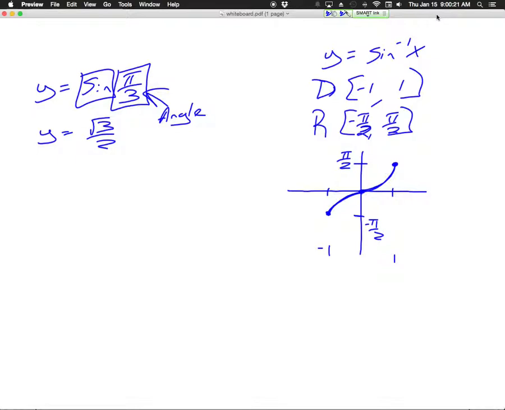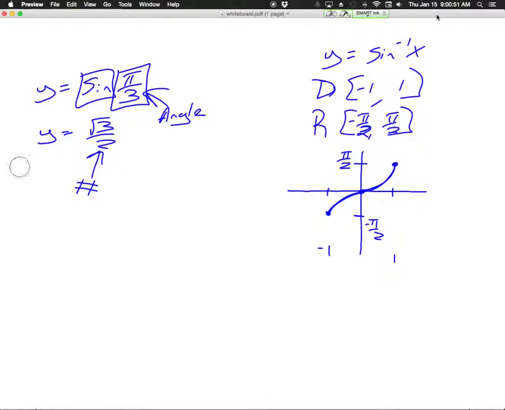Okay, so if I'm dealing with a regular trig function, we are putting an angle into it, and we are getting a number out. So that means if I'm going to do an inverse trig function, what is it we're putting in? A number, and what is it we're getting out? An angle. That is very important. If you are evaluating an inverse trig function, what should you get as an answer? You should get an angle as an answer. That is very important.